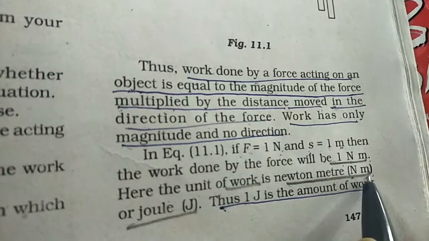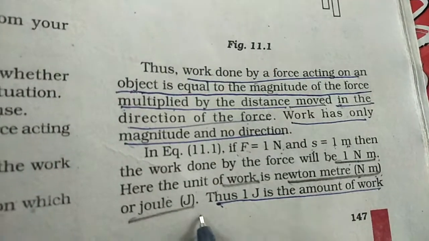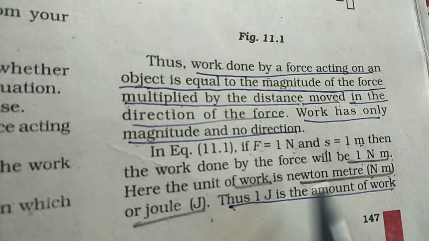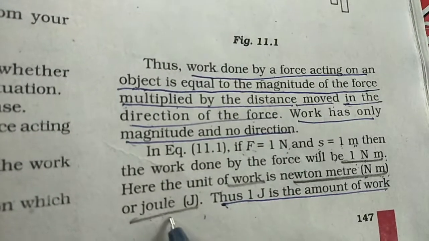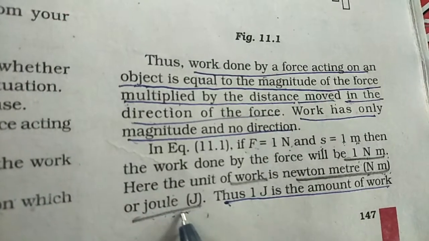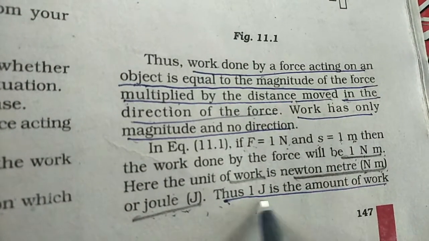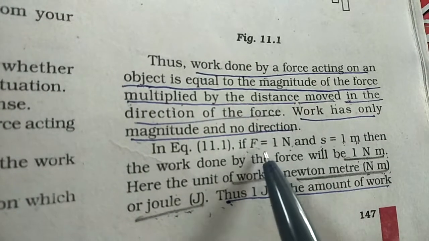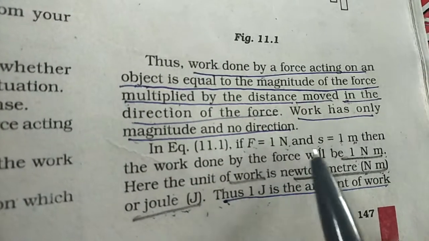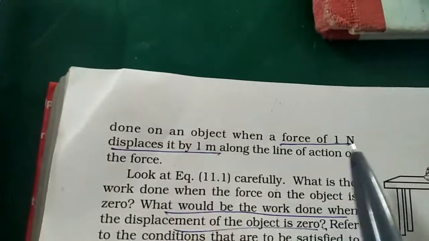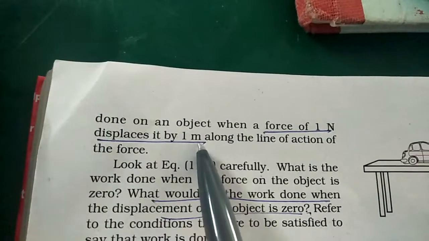This Newton meter is also called joule, in the memory of the scientist Joule, and is represented by capital J. So what is 1 joule? 1 joule means a force of 1 Newton acting and the displacement is 1 meter. You can turn the page and see here: the force of 1 Newton displaced by 1 meter is 1 joule.